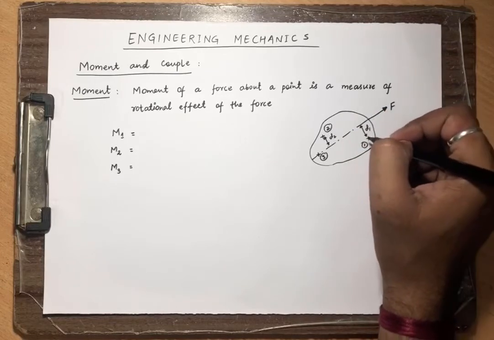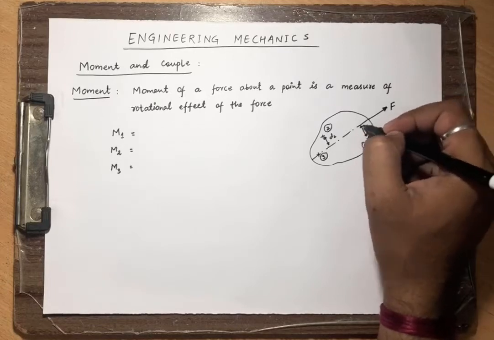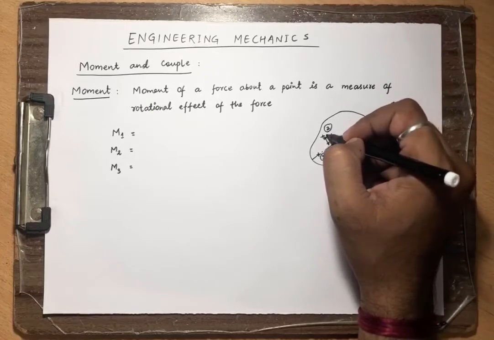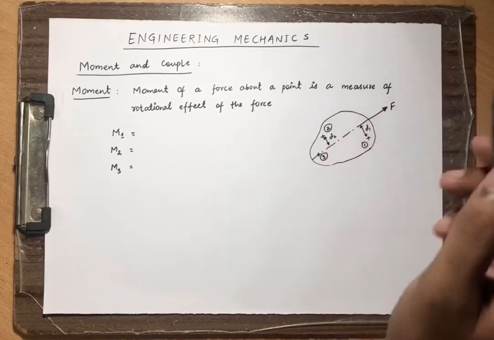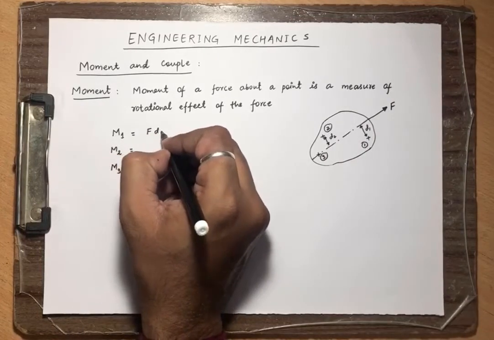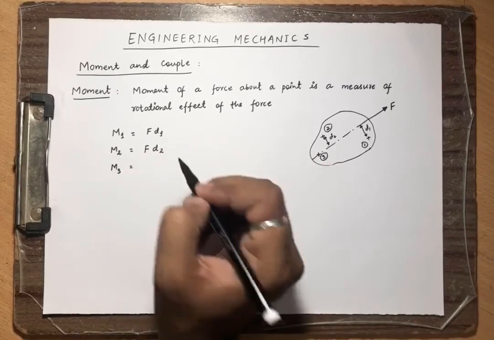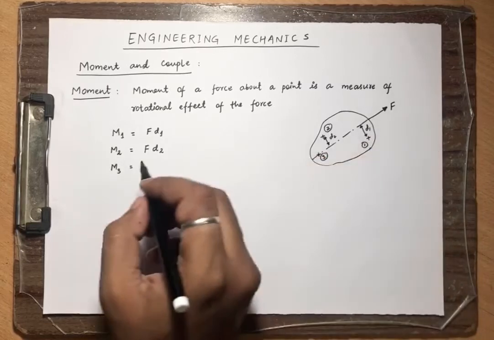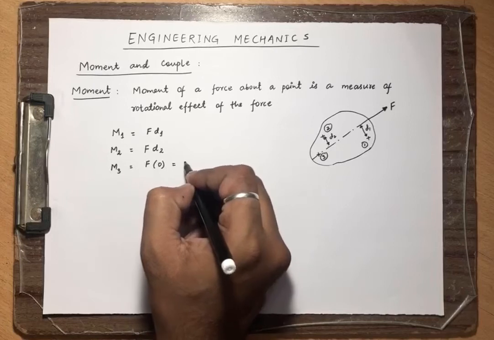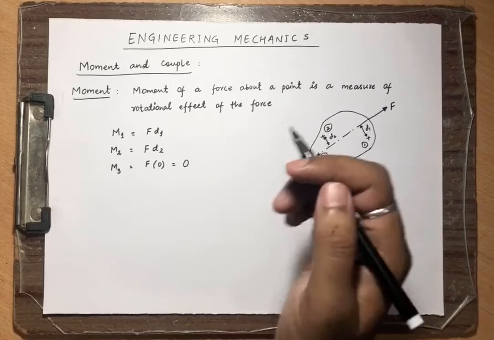D1 is the distance between this point 1 from the line of action of this force F. D2 is distance of point 2 from line of action of this force F. So M1 will be simply F into D1, M2 will be F into D2, and this M3 will be F into 0. This means 0 multiplied by F is 0.